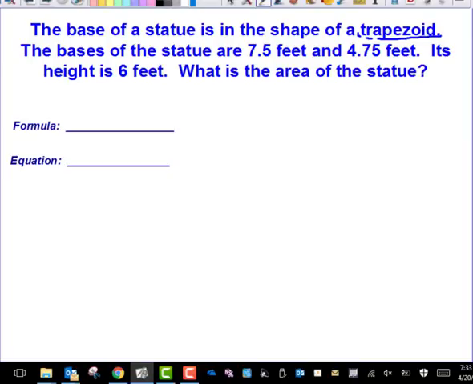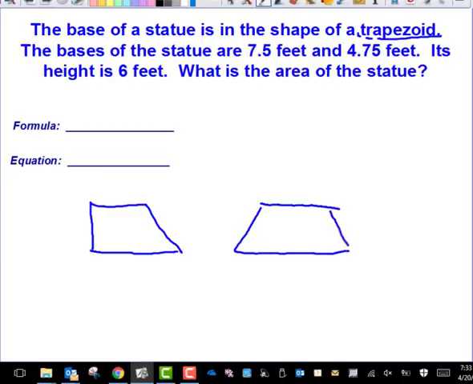you should write this down on your paper. A trapezoid can be this kind of a trapezoid or this kind of a trapezoid. This one is called the isosceles one because its two sides are the same, and this is the right trapezoid because this one has a right angle.